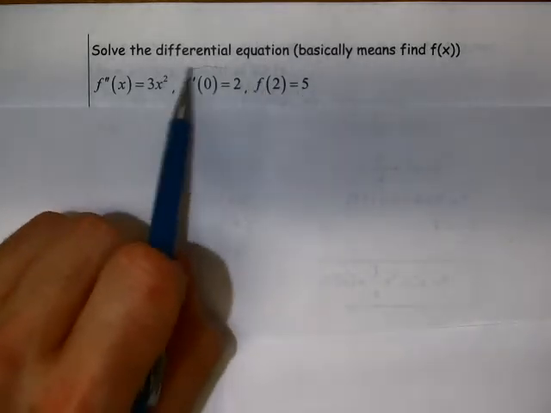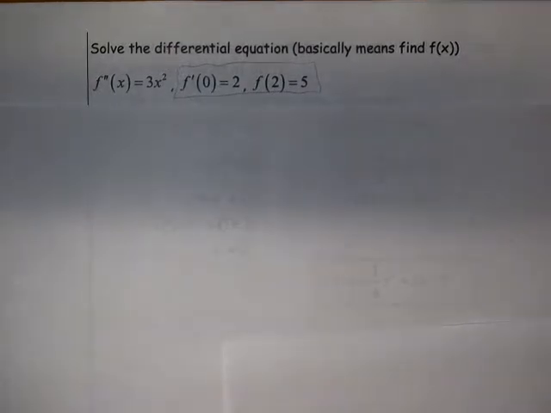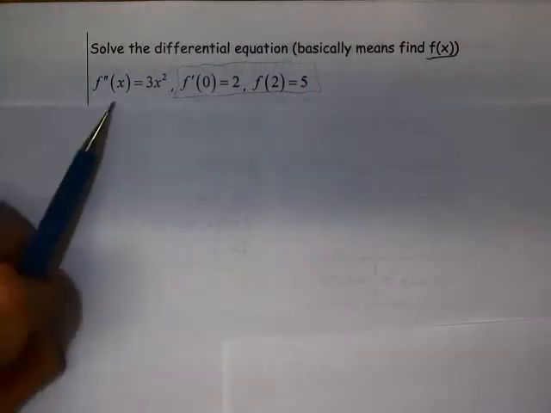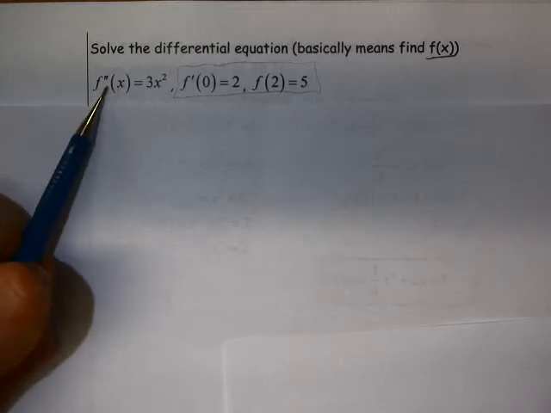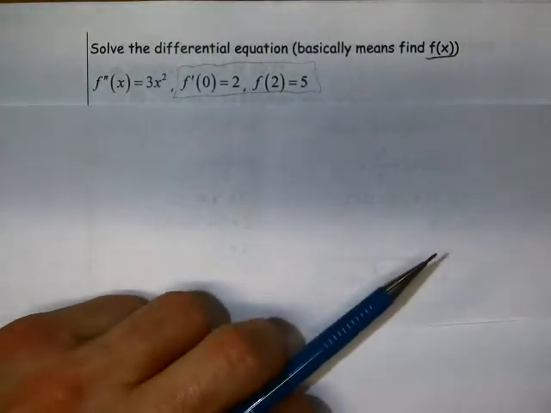We'll see in a moment why we need those values. But you can already see that if we start with f double prime of x, we're going to have to integrate 2 times to get to f of x.